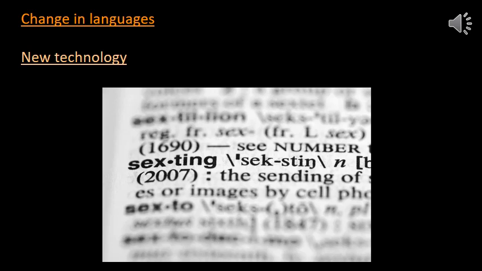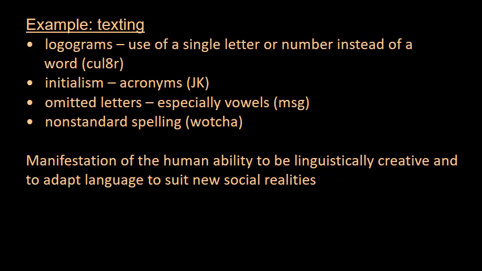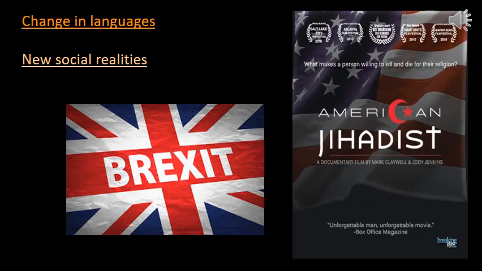Also, it brings new words and new ways to use pre-existing words. No one was unfriending or texting or sexting people 20 years ago. So these are new verbs used in the language, for example. New social realities bring new terms in languages.